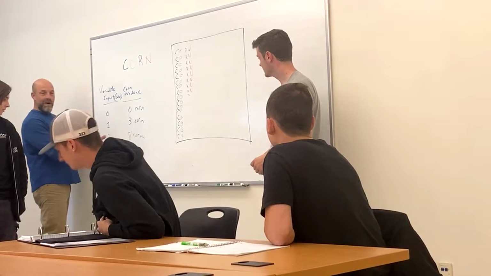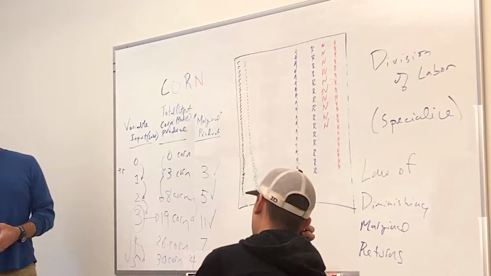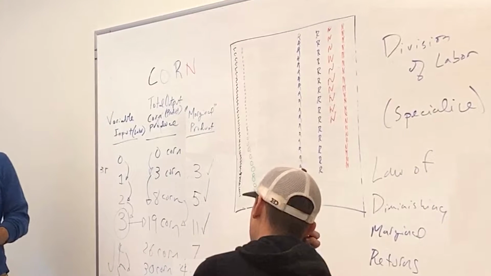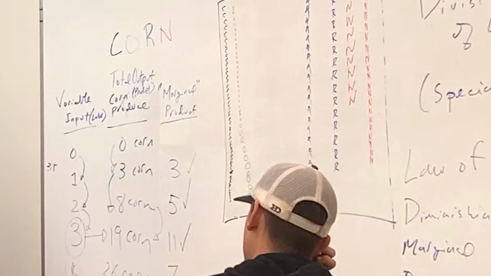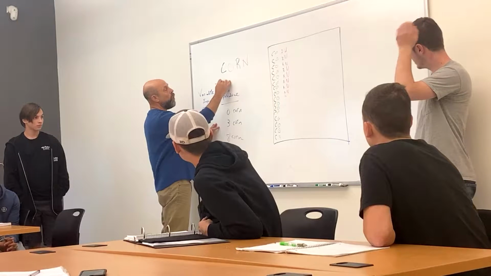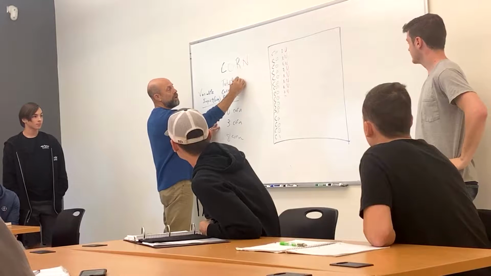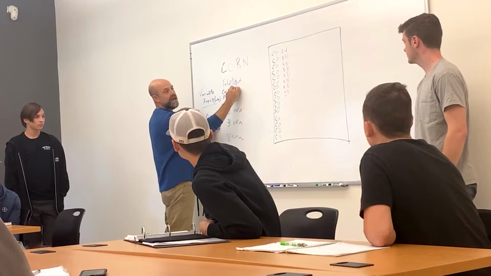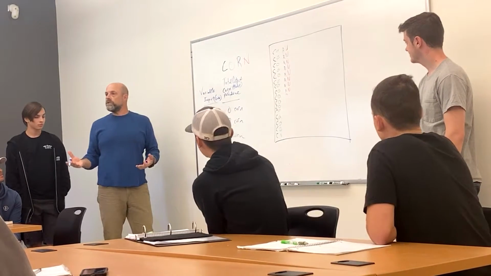All right, there we go, excellent. So in other words, when we use 1 unit of labor, we were able to produce 3 units of corn. When we had 2 units of labor, we were able to produce 8 units of corn, right? What we're measuring here is what we call total output, or what your book will call total product, which is just another word for the total amount we produced.